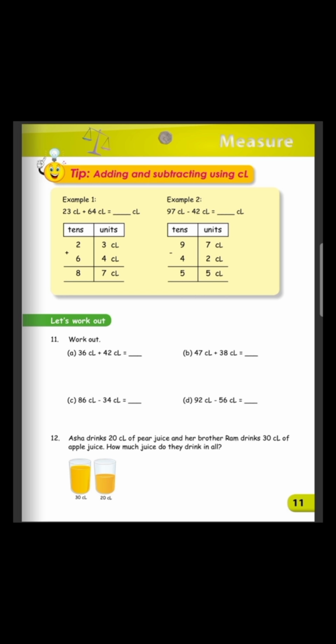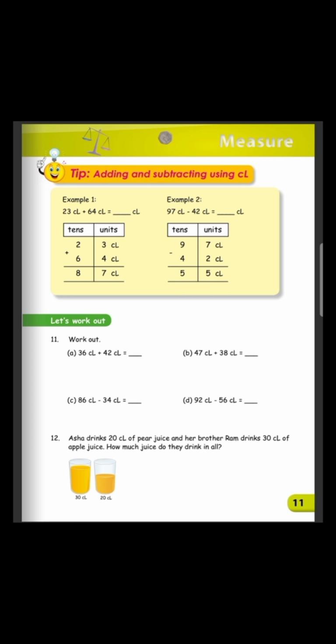Do not forget to write centiliters, that is CL capital letter. Then you add starting with the units column. 3 plus 4 is equal to 7, and in the tenths column we have 2 plus 6 gives us 8. So 23 centiliters plus 64 centiliters is equal to 87 centiliters.